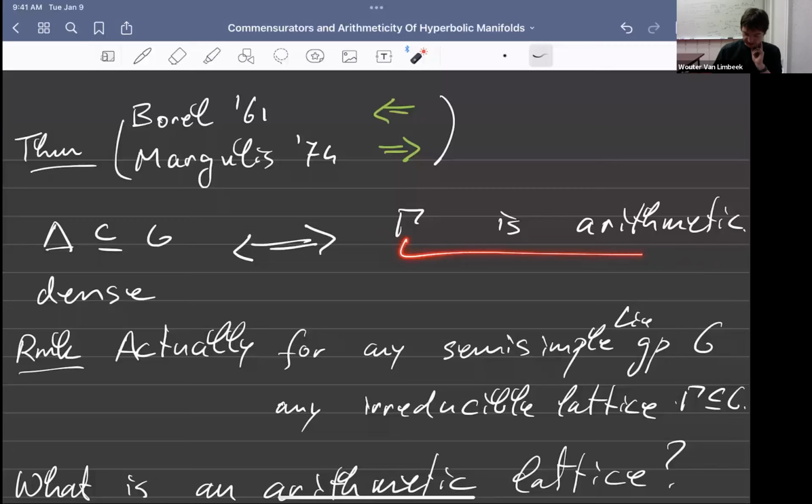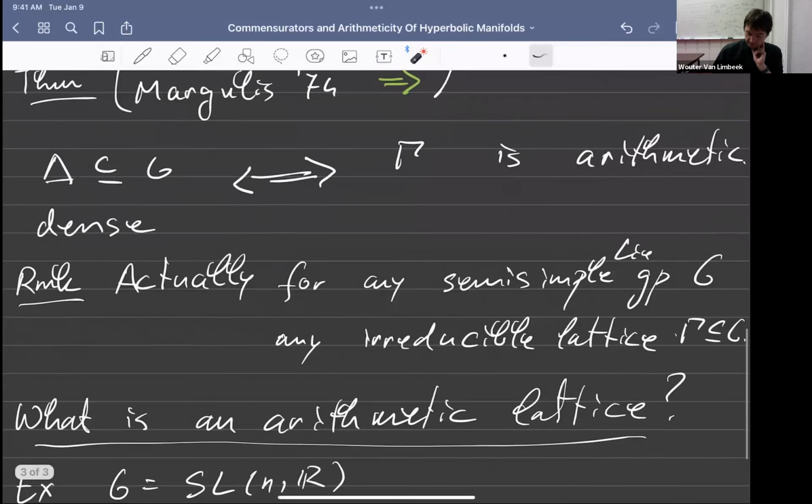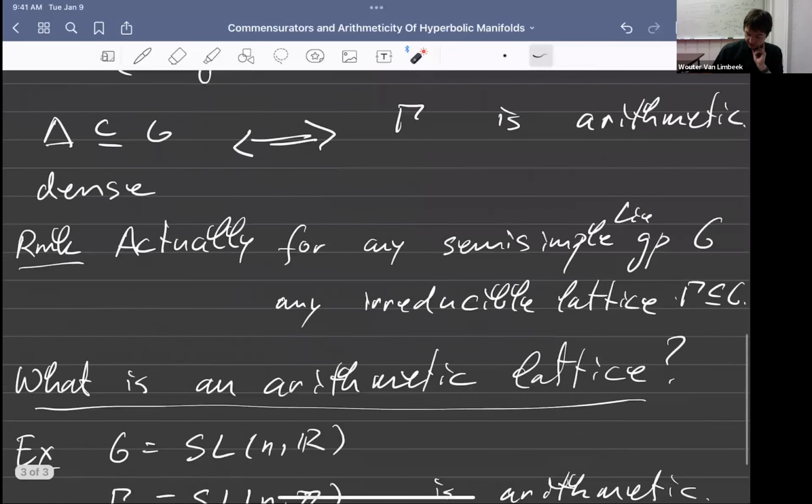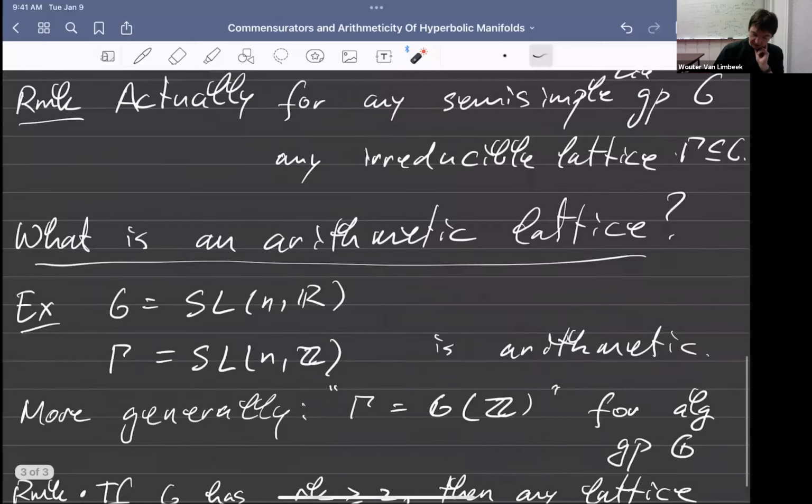So on this side, it's algebra, and on this side, it's geometry. And maybe I should say also for this specific example of an arithmetic lattice, what would delta be? In this case, delta is just, actually, this is kind of a lie.